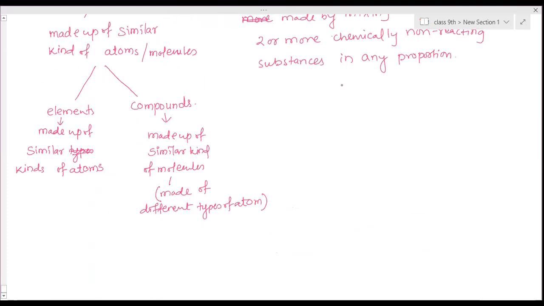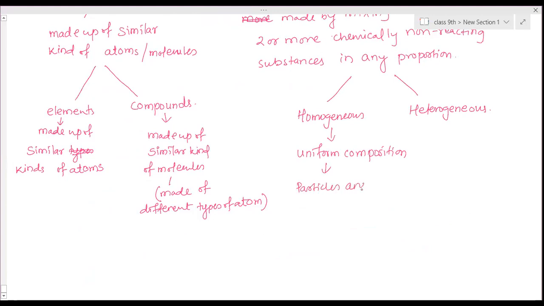Then mixtures, depending on uniformity, are divided into homogeneous and heterogeneous. Homogeneous means uniform composition, and particles are not visible.